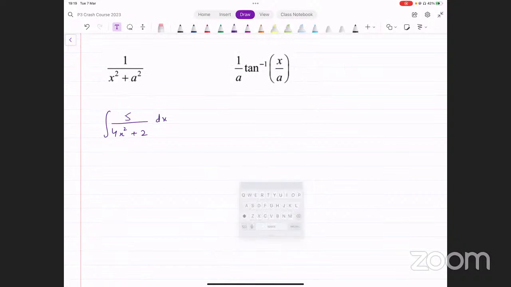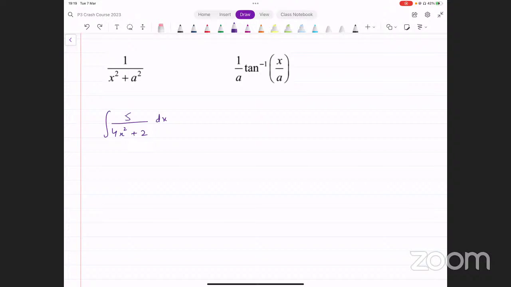All right. Remember the condition? The coefficient of x squared has to be 1. It's not 1 here. So what do we do with this? You have to make it 1 before you can use this rule. Otherwise, you can't use this rule.